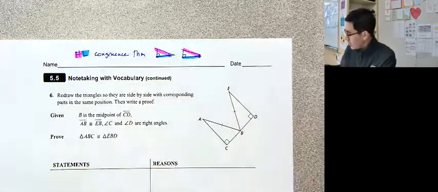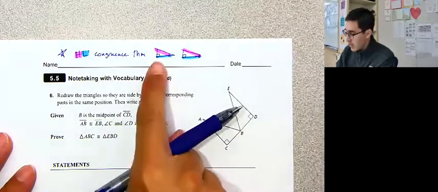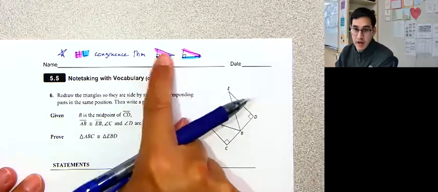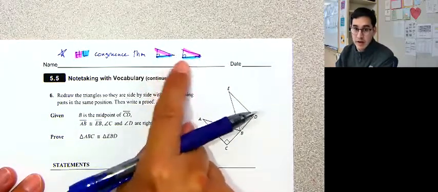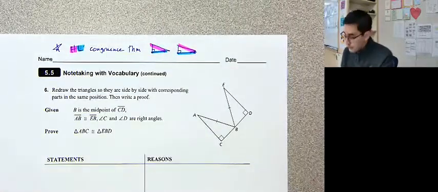Again, this only applies to right triangles. So you need to have a right angle to start with, and then if you can show that the hypotenuses are the same length and one of the legs is the same length, then that's pretty much all you got to show.